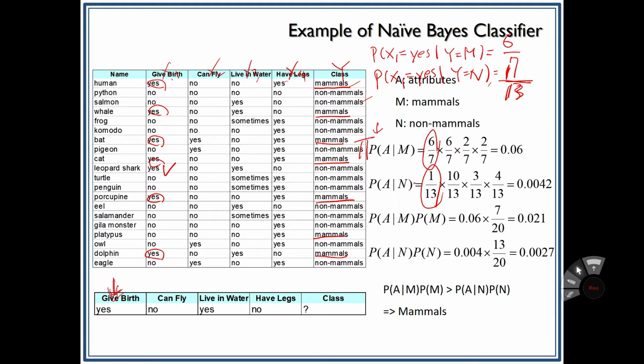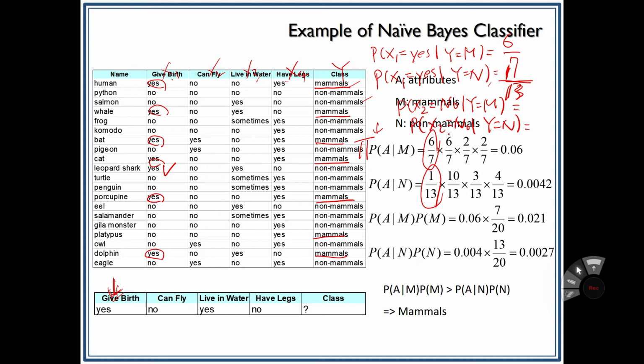In this way, we can estimate the other conditional probabilities, such as probability x2 equals no, can fly is no, given y equals mammal, and probability x2 equals no, given y equals non-mammal. I think you can find those values.